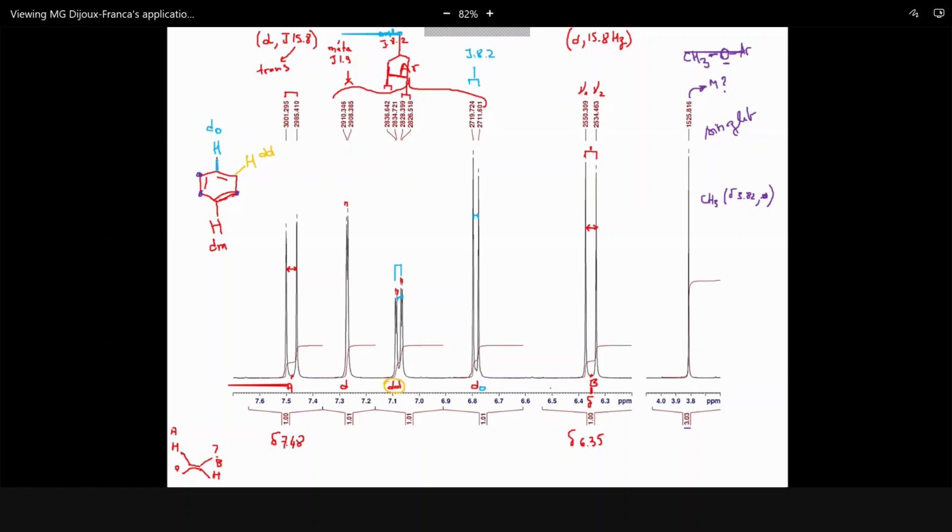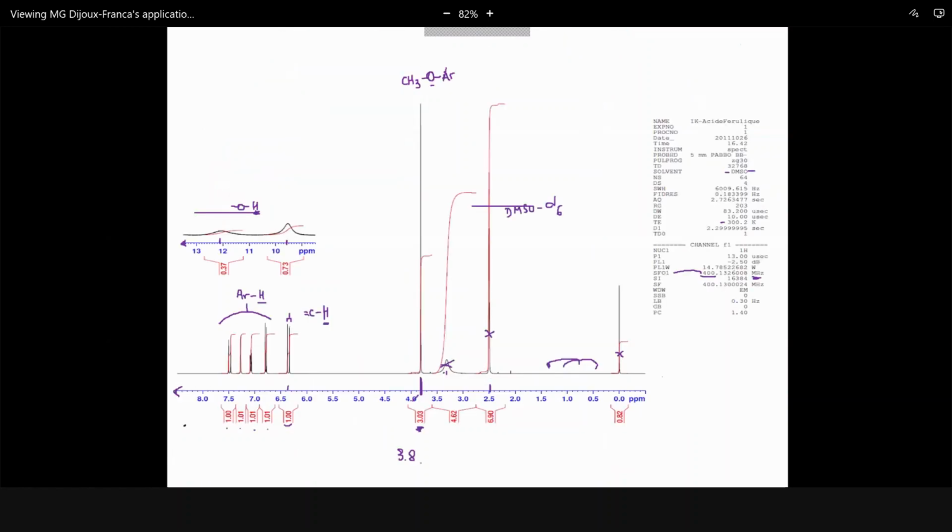And remember, on the proton here, I have these two signals, which could be OH group. If I check the table here at 12, usually it's something like that, carboxyl group, OH from carboxyl group. And here in the table, I will see that usually it's OH on aromatic ring.